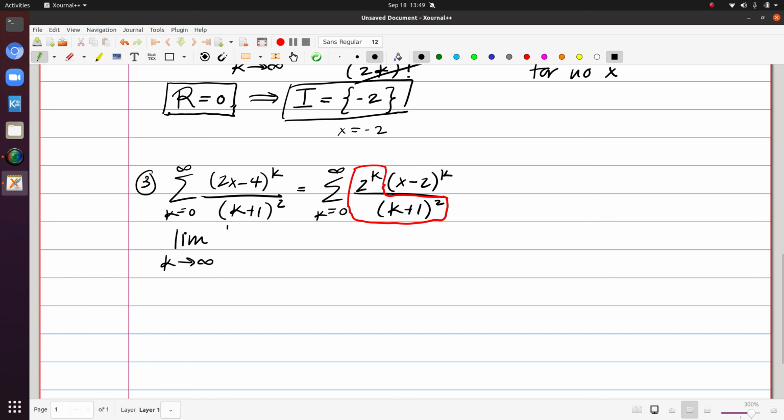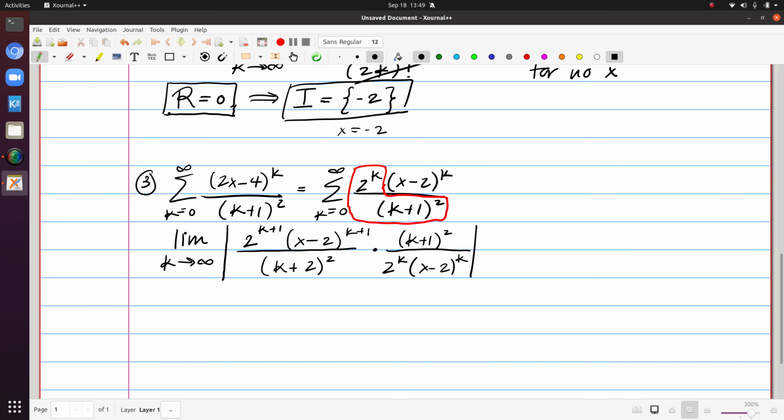And if I do that, then I'm going to have 2 to the k plus 1 times x minus 2 raised to the k plus 1, all divided by k plus 2 squared. And I'm going to multiply by the reciprocal, so k plus 1 squared divided by 2 to the k times x minus 2 to the k. So again, I'm looking for like terms.